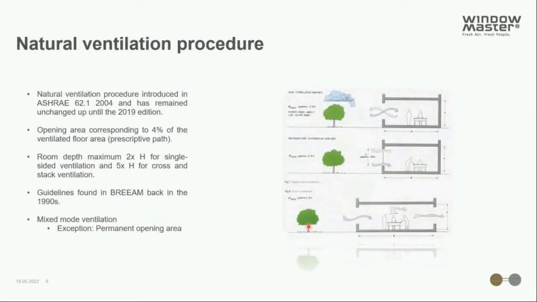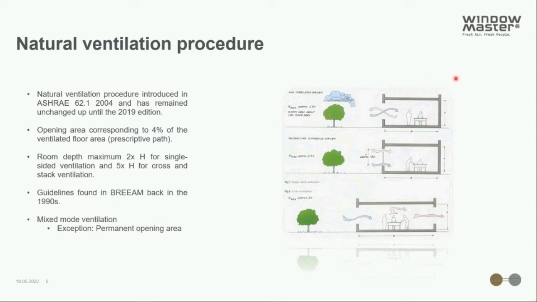The natural ventilation procedure was introduced in ASHRAE 62.1 2004. It has been based on very simple requirements, which were also similar to guidelines we see in other places. For example, the opening area should correspond to 4% of the ventilated floor area in all cases.